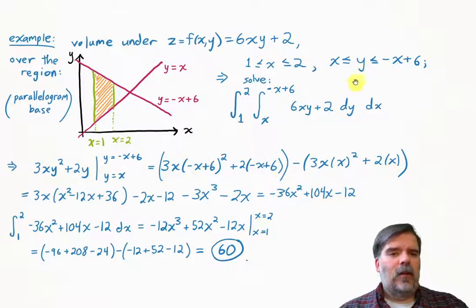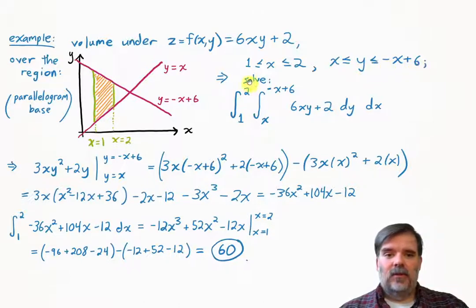When calculating the y bounds, sometimes you have to look at the graph to figure out which one goes on the bottom. So for this part of the graph, over here, y equals x is on the top. But in the region we're interested in, y equals x is on the bottom. So this next inequality goes, y goes from y equals x up to y equals negative x plus 6.